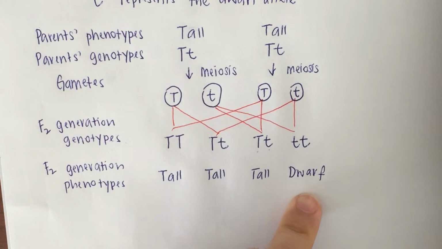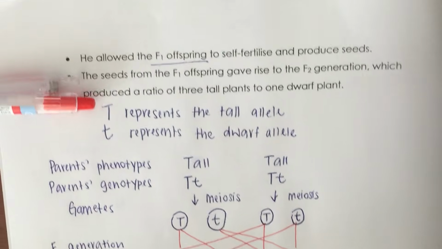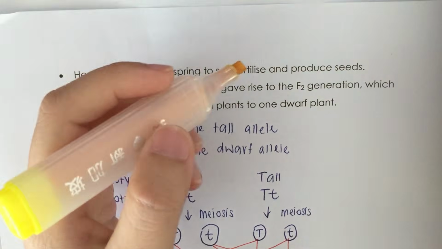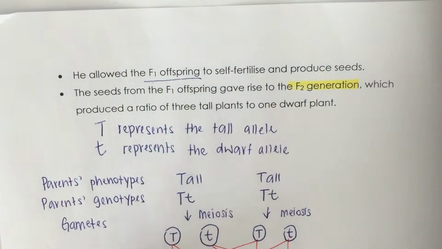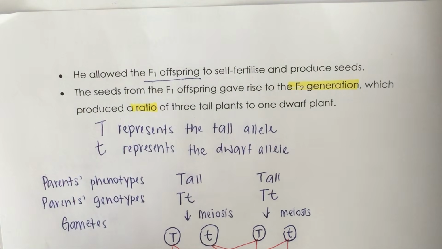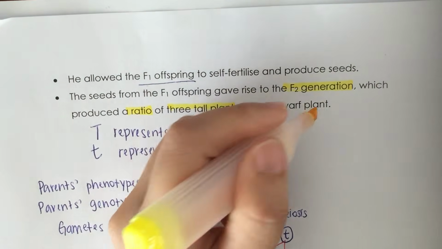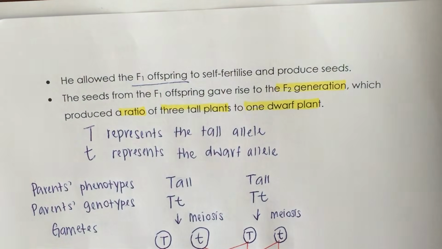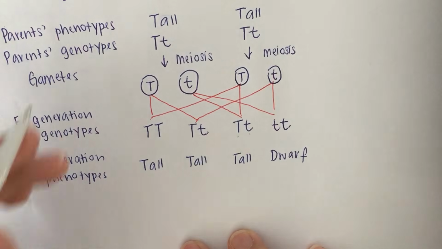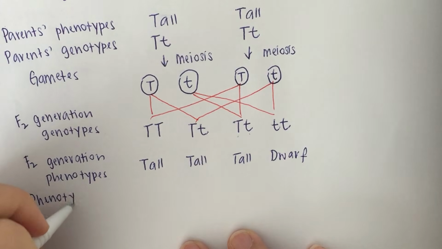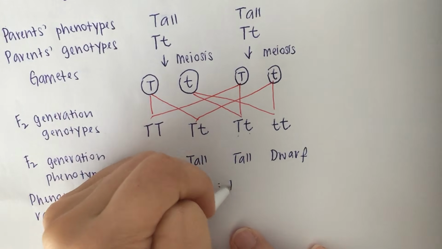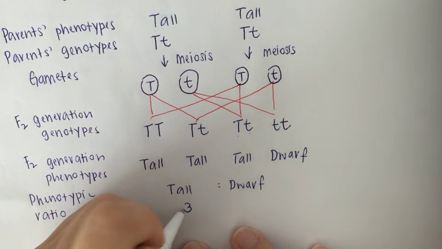Alright, so if you take a look over here, the seeds from the F1 offspring gave rise to the F2 generation, which produced a ratio of 3 tall plants to 1 dwarf plant. Indeed, based on this genetic diagram, if you include the phenotypic ratio of tall to dwarf, it is actually 3:1.